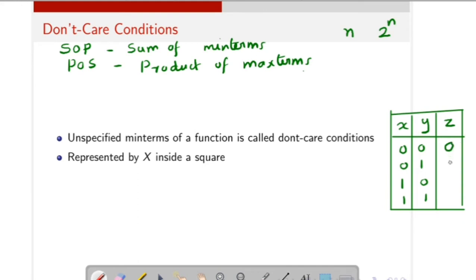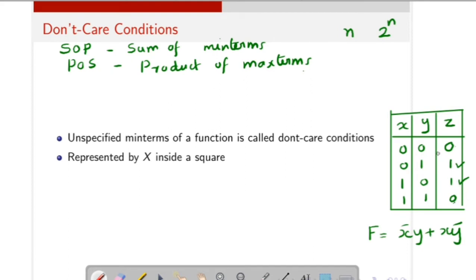Suppose output is equal to 0, 1, 1, 0. That means for 2 minterms output is equal to 0, and for 2 minterms output is equal to 1. So here we write the expression as f is equal to x bar y plus x y bar. That means it is the sum of those minterms that give output 1, and the other two minterms give the function output as 0.